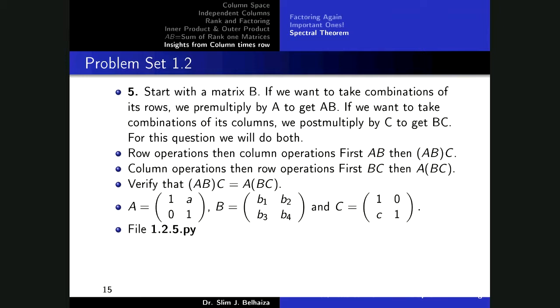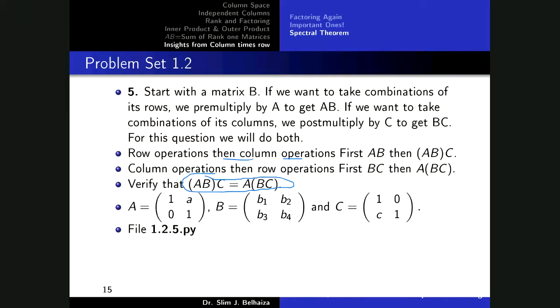In this problem, we're trying to check the associativity law for the product of matrices, and how performing the operations on columns gives the same product as performing column operations.